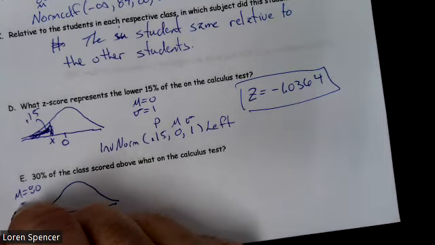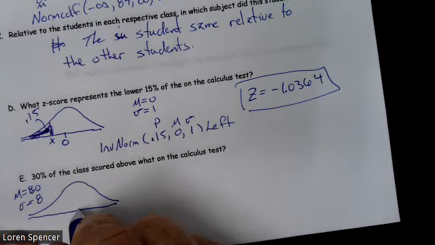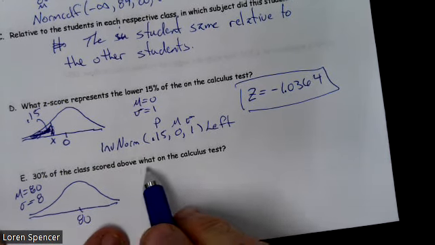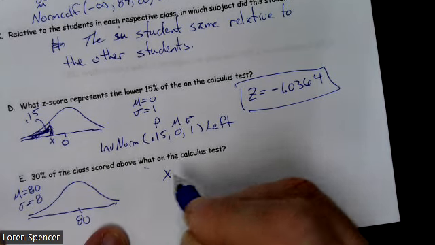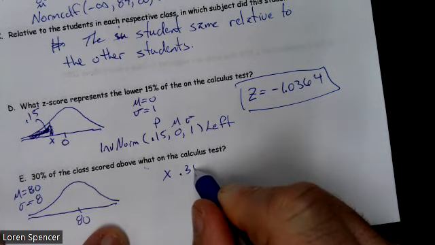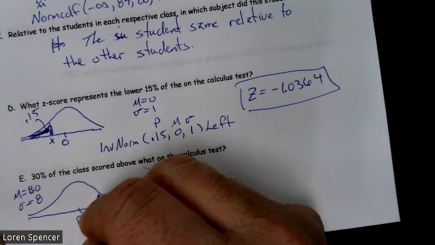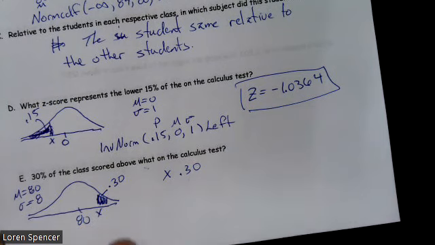The standard deviation is 8. We draw that on the graph. All right, so 30% scored above what? Anytime they mention what, I usually say, let's make an X because we don't know what it is. But 30%, oh, that means we're starting on the right. So we're starting up here. This is my 0.30, and we're looking for that value.